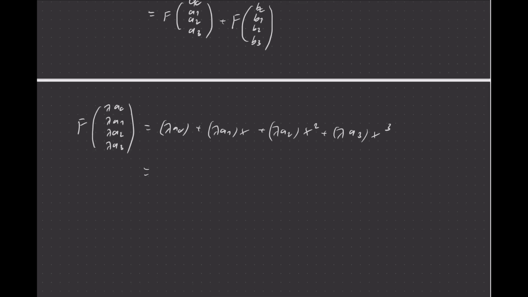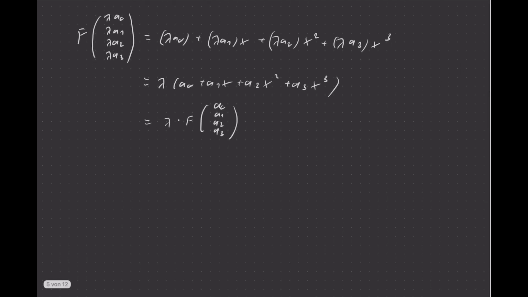And of course we can factor out the lambda here, so that's lambda times (a0 plus a1x plus a2x squared plus a3x to the third). And that in turn is lambda times f of (a0, a1, a2, a3). So again, f is a linear mapping.